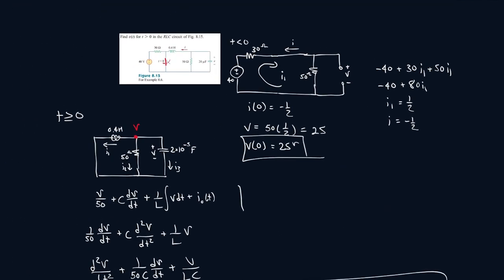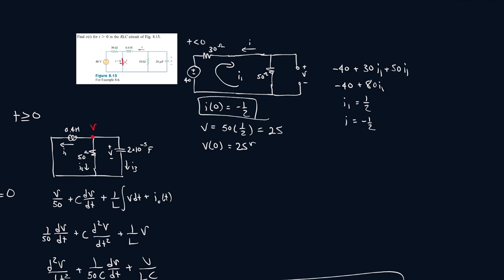So we're going to use this formula, and I'm going to view it when t was equal to 0. Okay, so when t is equal to 0, the voltage was 25, and the current passing through the inductor was minus 1/2. So what we're going to do is put 25 over 50 plus C dv/dt plus minus 1/2.